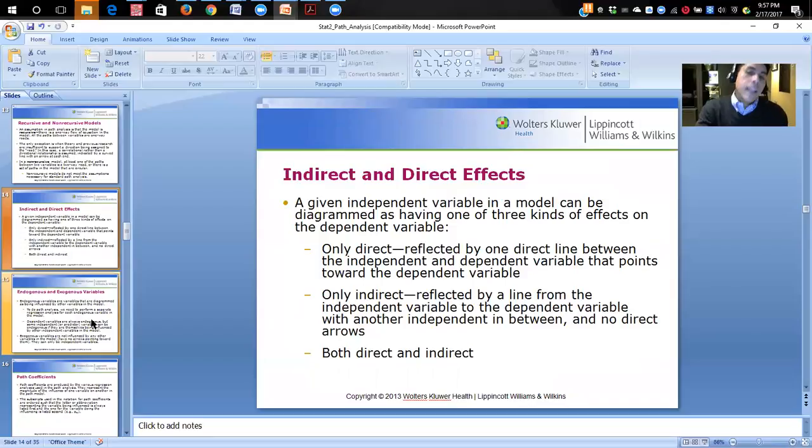And what are the indirect effects? These are reflected by a line from the independent variable to the dependent variable with another independent variable in between, and no direct arrows. So that's what you call the indirect. And in path analysis, it is additive. It calculates both direct and indirect effects to give us the total effect.